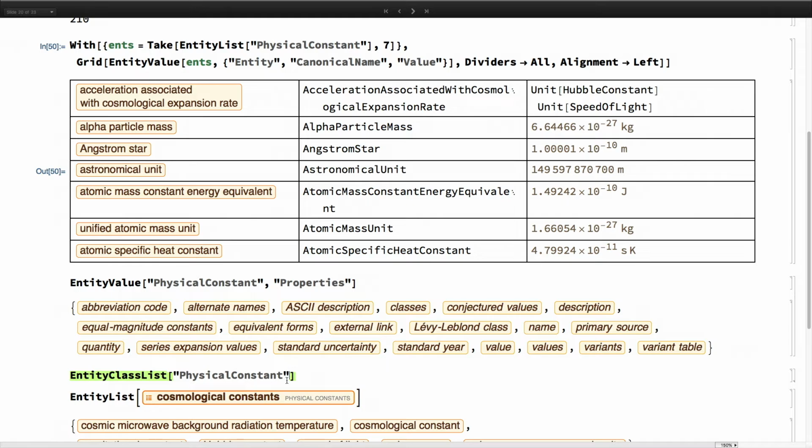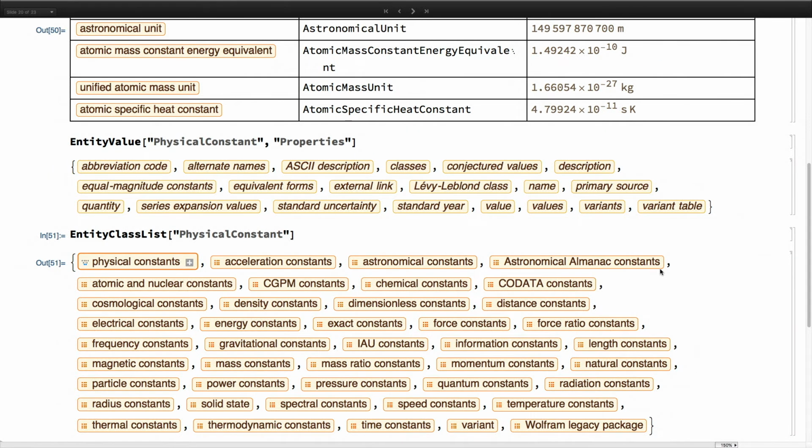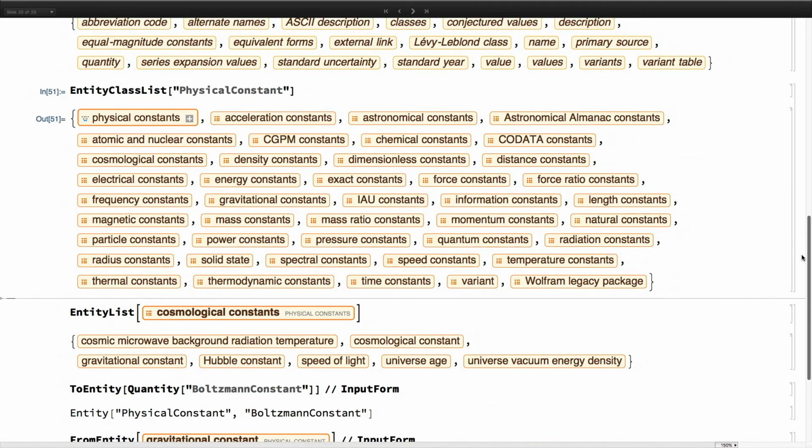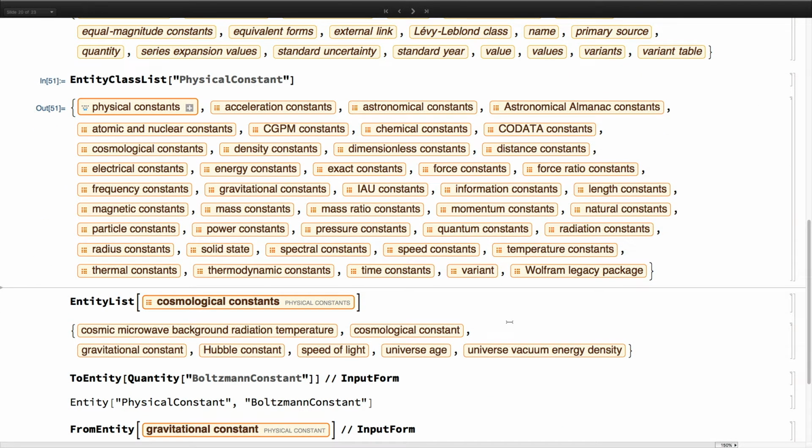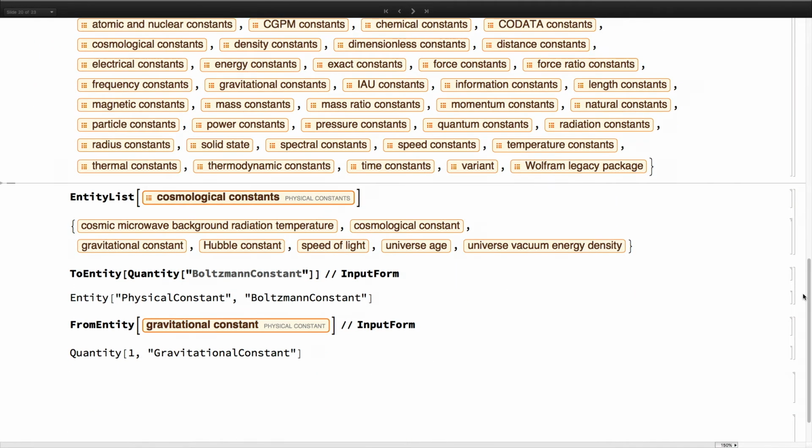And we can also look at different sets of physical constants in terms of the physical quantities involved, mass or energy, or the field, so astronomical constants or cosmological constants. And you can convert these entities into quantities that you can then use, or the reverse. So this is useful if you want to look at what the numbers inside your equations mean.